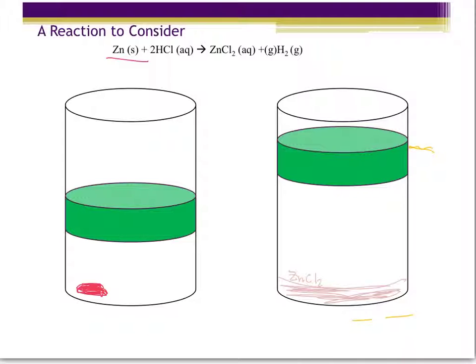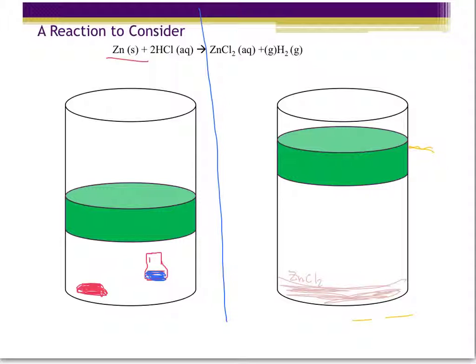And then let's say we've got an Erlenmeyer flask that contains some hydrochloric acid, HCl. And let's say that this is the reactant side, and this is the product side.